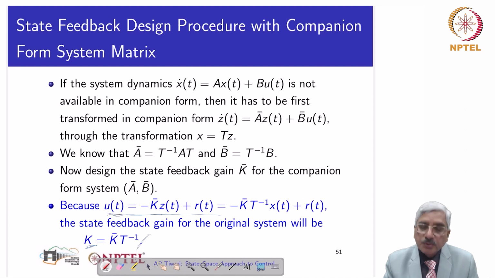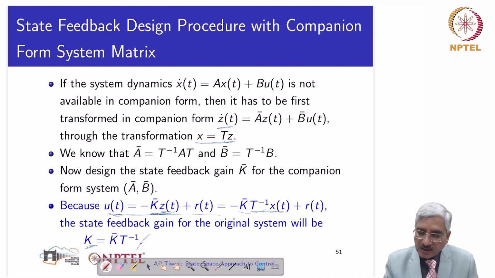Because the input u is minus K bar z, and z is the state of the companion form system. So K bar z, and this z comes from this as T inverse x. So we substitute in place of z, T inverse x.